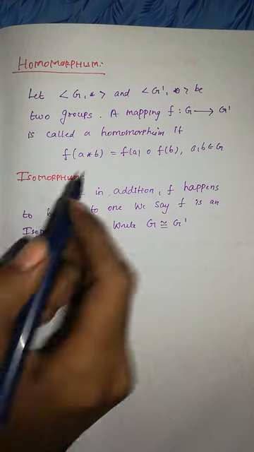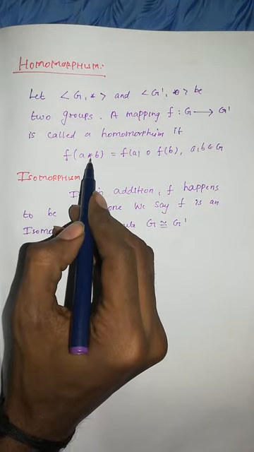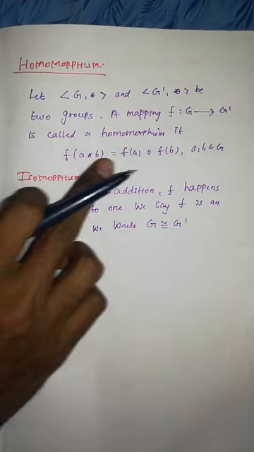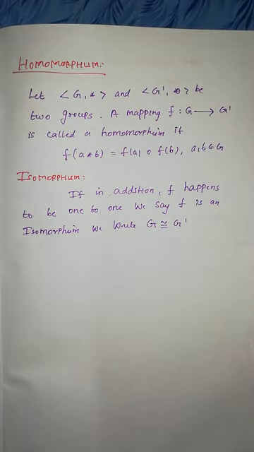Note that the operation on the left corresponds to group 1, that is the operation of G, and the operation on the right corresponds to group 2, the operation of G dash. If a function satisfies this condition, we say that f is a homomorphism from G to G dash.